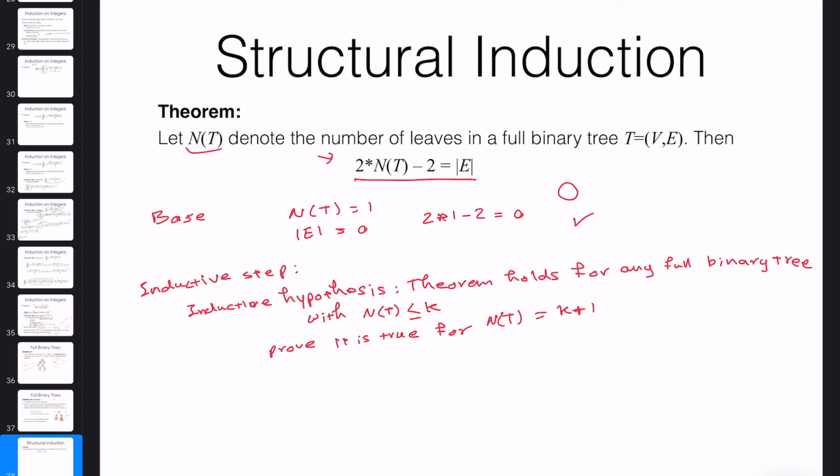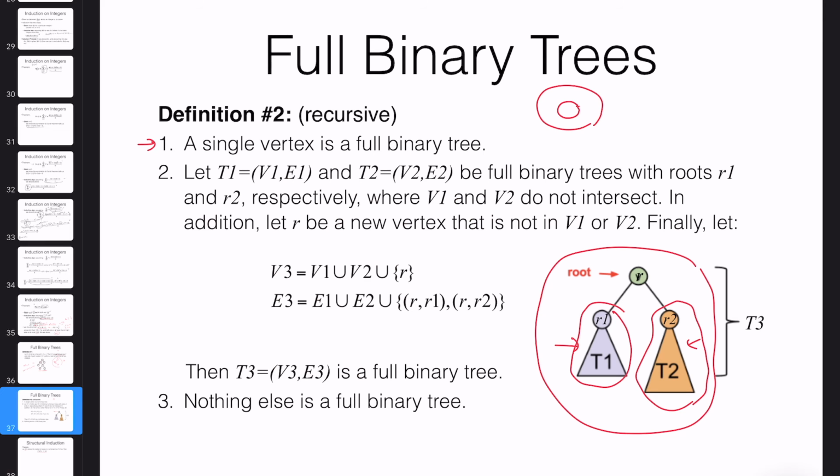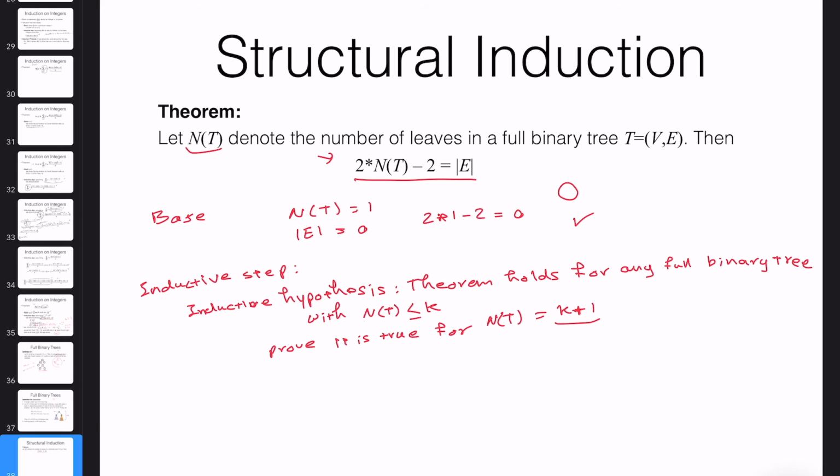Okay, so any binary tree with leaf nodes equal to k plus 1, based on this definition, is going to come from the recursive part, right? Basically your tree is going to have a root node that has exactly 2 children, and this is going to be a full binary tree, and this is going to be another full binary tree.